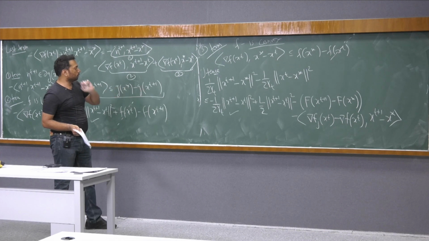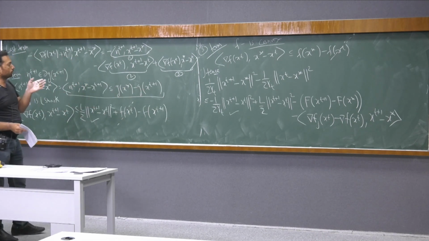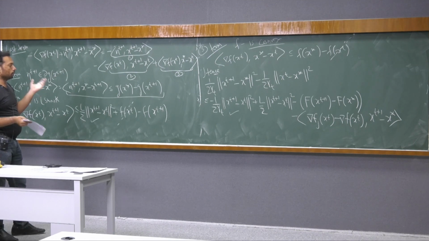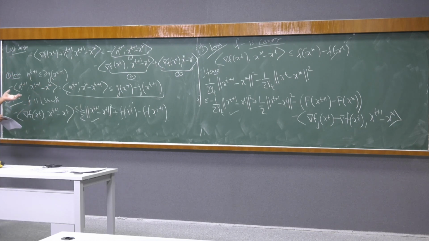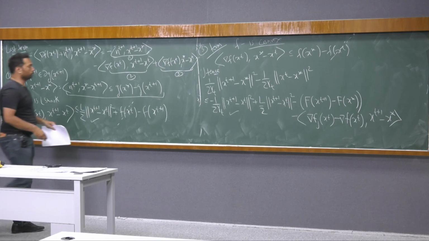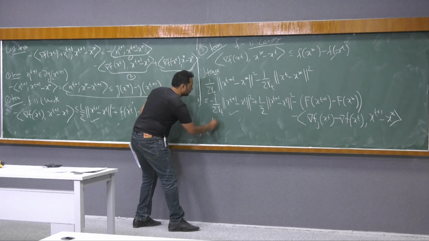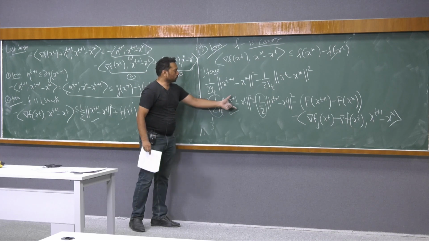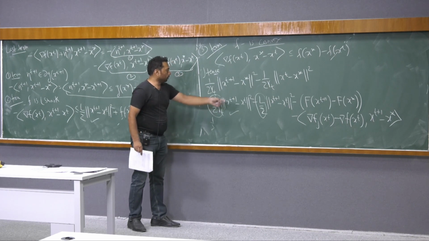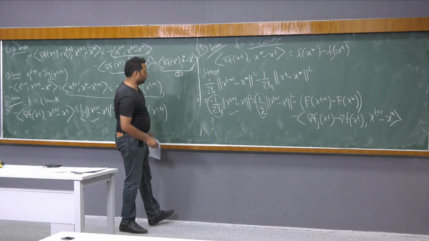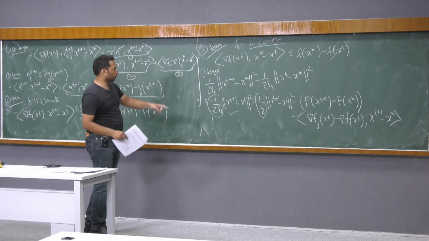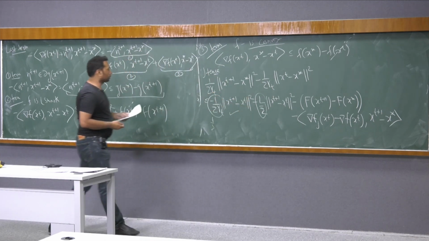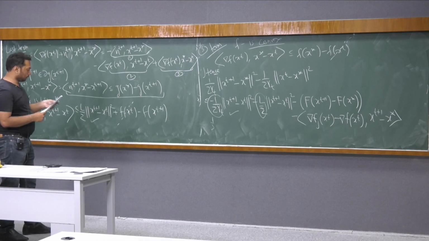Take the common factor: half of L minus 1 by gamma t, and gamma t is less than 1 by L, so overall 1 by gamma t is greater than L. Let us just look into these constants. Overall it should be negative, because the norm is positive, so the only way it will be negative is when the constants are negative. Oh, this was positive. It perfectly matched. I was thinking this was also negative, but that was actually positive.